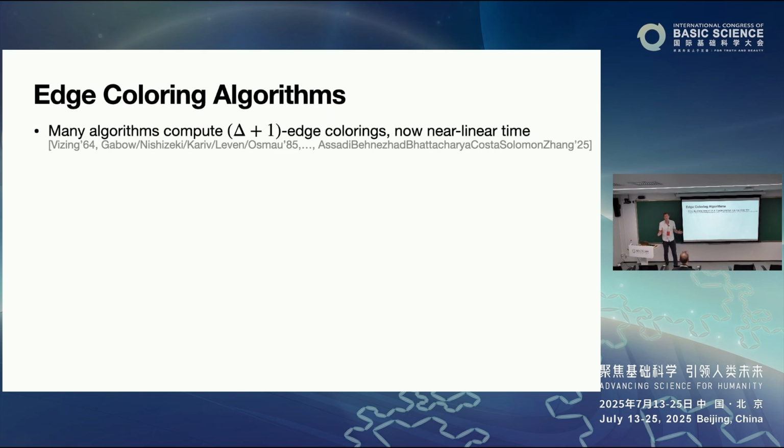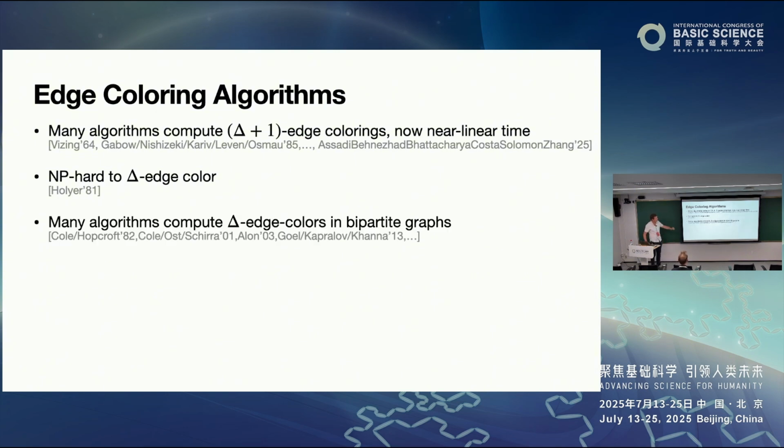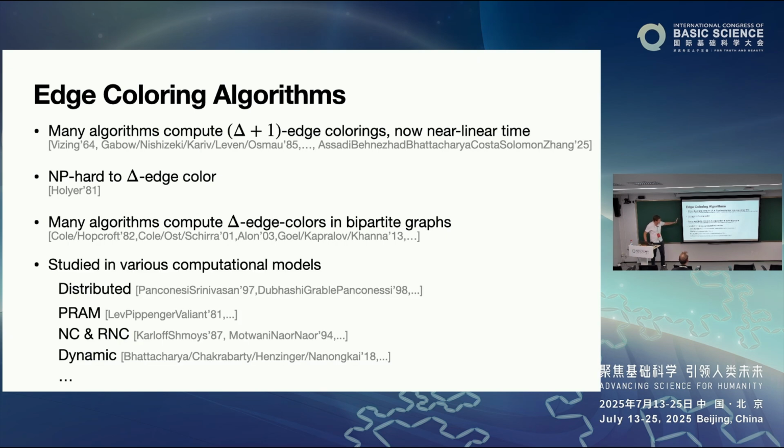That's kind of nice, a really fine, nearly linear time algorithm for delta plus 1. You ask why not delta? Well, actually, it's NP-hard. We don't believe in an efficient algorithm to distinguish whether you can color with delta or delta plus 1 colors. In special cases, you can do delta colors.